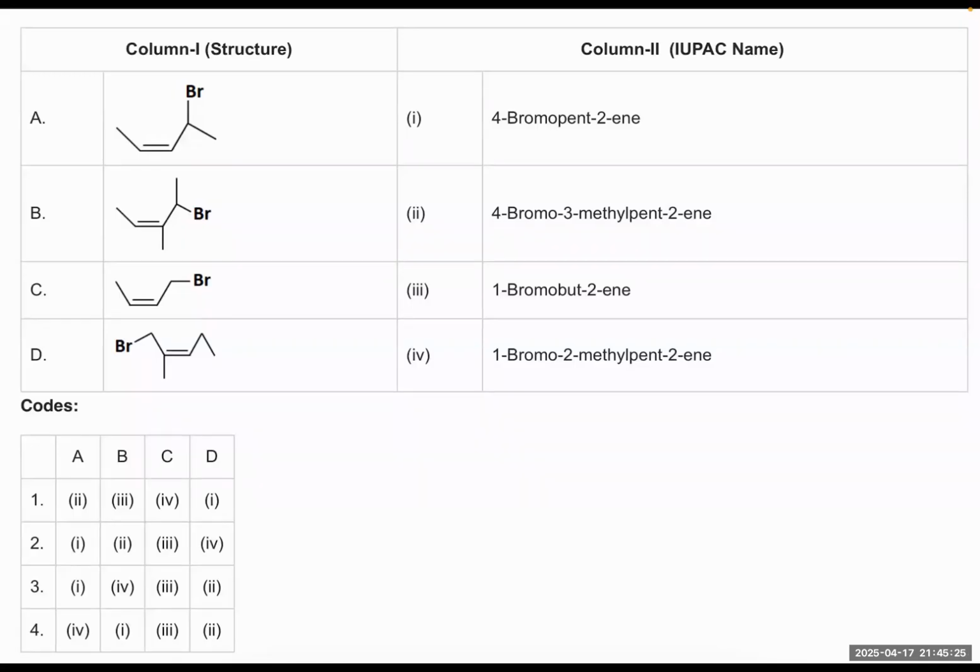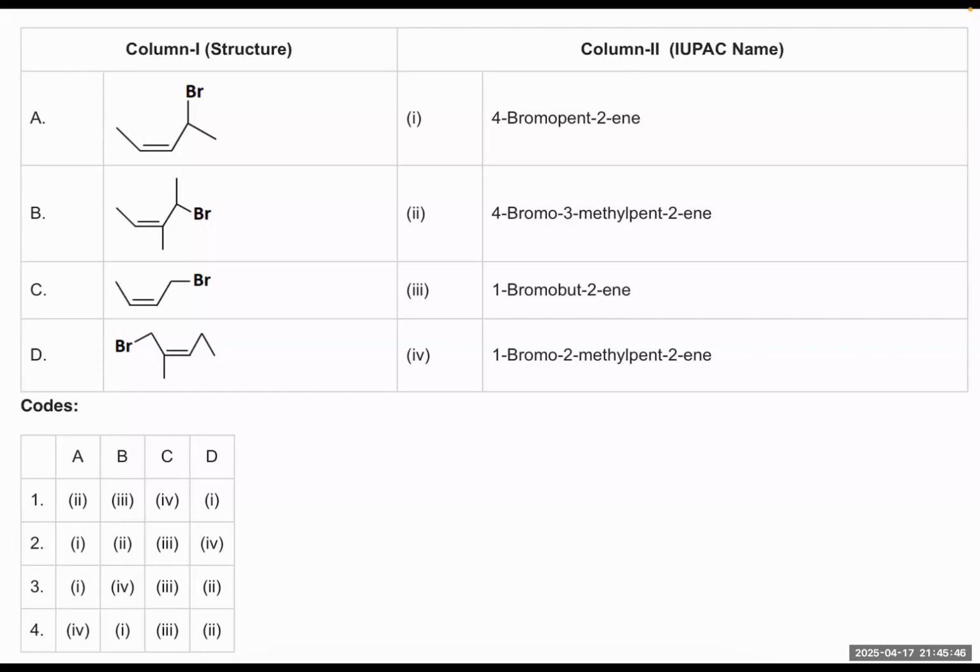Between the multiple bond and halogen, multiple bond is given higher priority. You need to select the longest chain, but from where will you start the counting of the carbon atom? From the end which is giving lower number to the multiple bond.